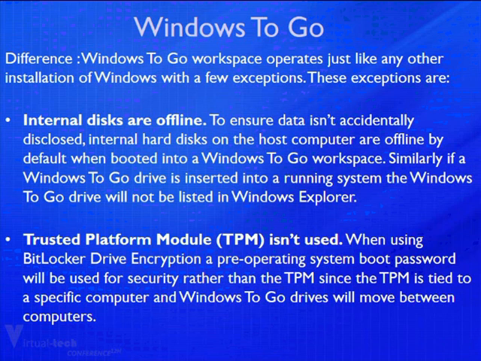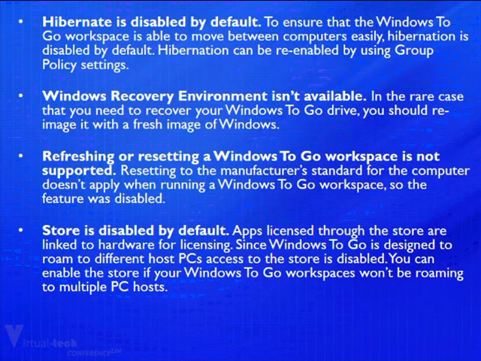There are some additional considerations that you should keep in mind before you start using Windows To Go. I've already highlighted some of the differences between the typical Windows installation and Windows To Go. I changed the slide because you might have read it already.